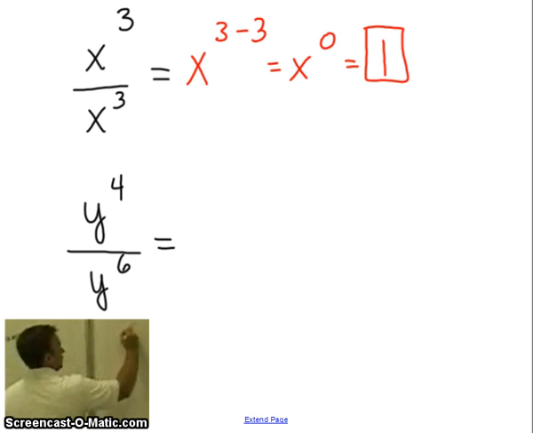All right, y to the 4th over y to the 6th. Well, y to the 4 minus 6, and we know 4 minus 6 is negative 2. Now we have the negative exponent property, so we're going to put that in the denominator and make it y squared.